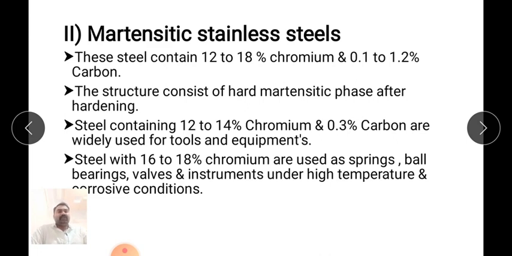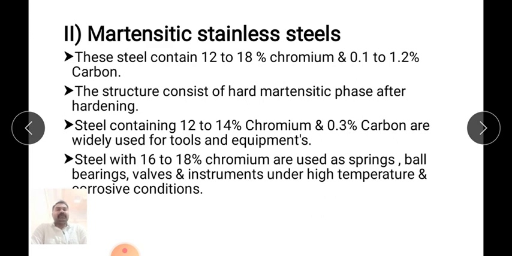Means springs are used in the weighing instruments. Then ball bearings are used in every bearing, front wheel bearing, rear wheel bearing, fan bearings. Okay, all the bearing balls are manufactured by using this type of stainless steel, that is martensitic stainless steel.